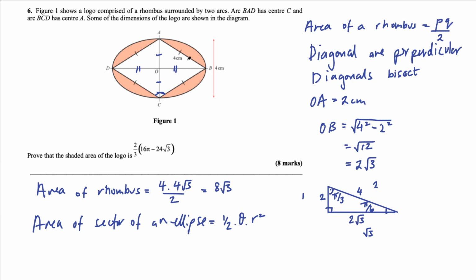And they've told us that side length of that rhombus is 4 centimeters. So this is where this angle comes into play. We found this angle up here because we were looking at this right angle triangle, and we said that angle at the top of the right angle triangle is pi on 3.